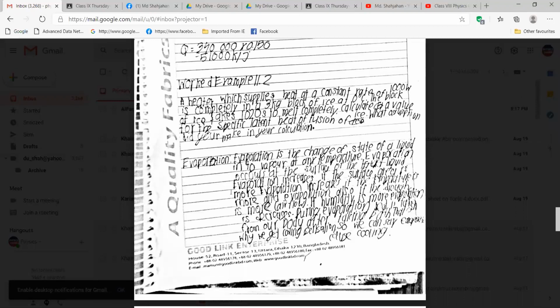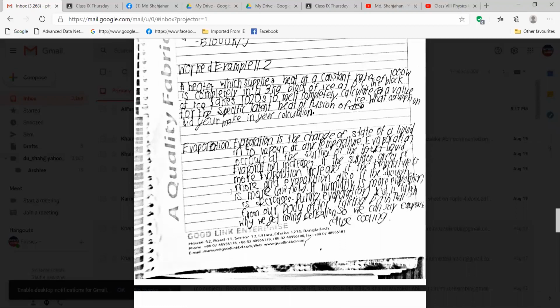Here, evaporation, right? Yes, sir. So evaporation, can you read this? Read loudly, please. Evaporation is the change of state of a liquid into vapor at any temperature.